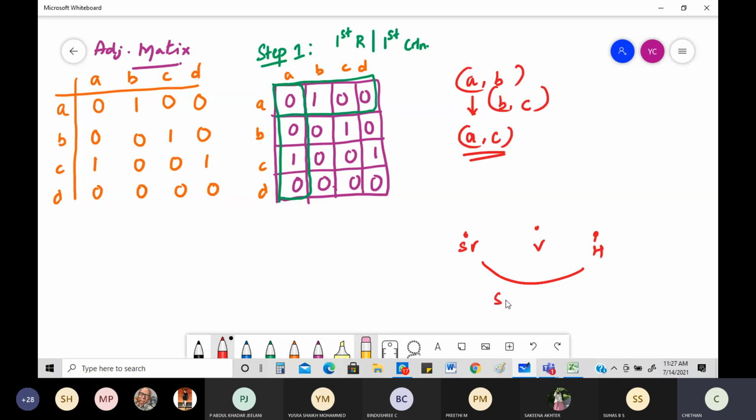Can I directly say that I am going from SVC to Hebbal? Yes. Same thing here also. That is what I'm going to do here, step by step.